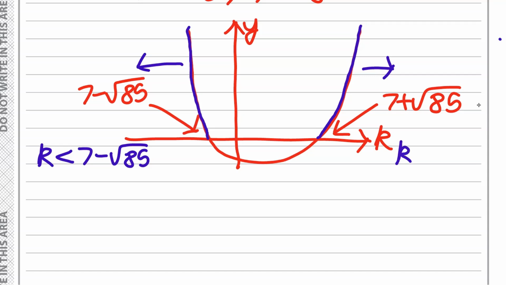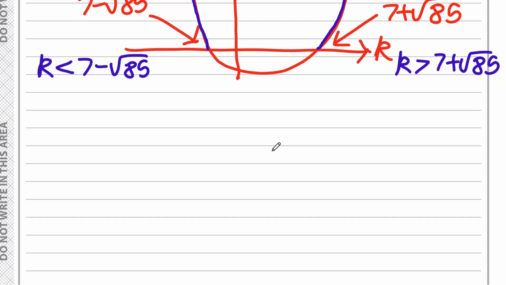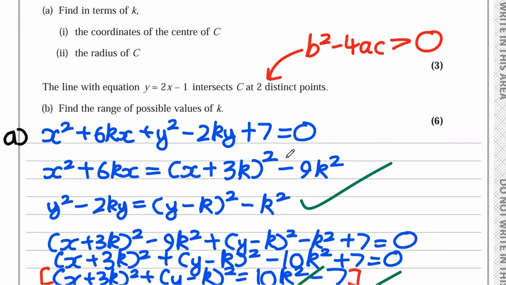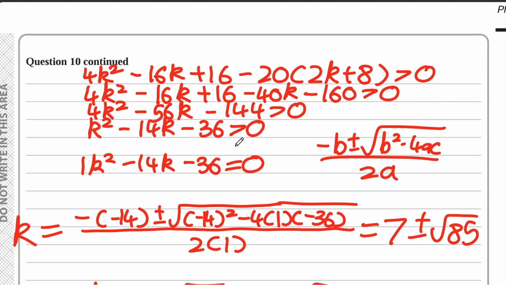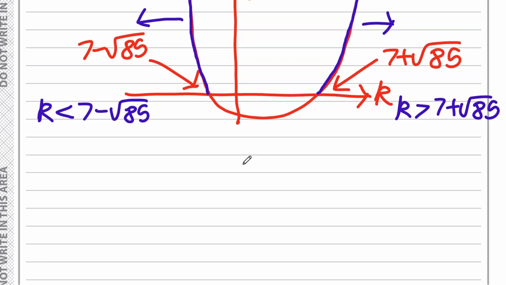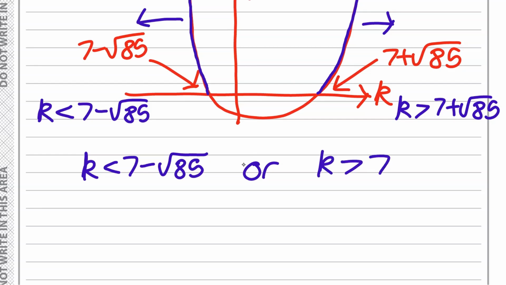So therefore, in order for there to be two distinct points of intersection, in order for this quadratic to be bigger than 0, therefore either k has to be less than 7 minus root 85, or k has to be bigger than 7 plus root 85.